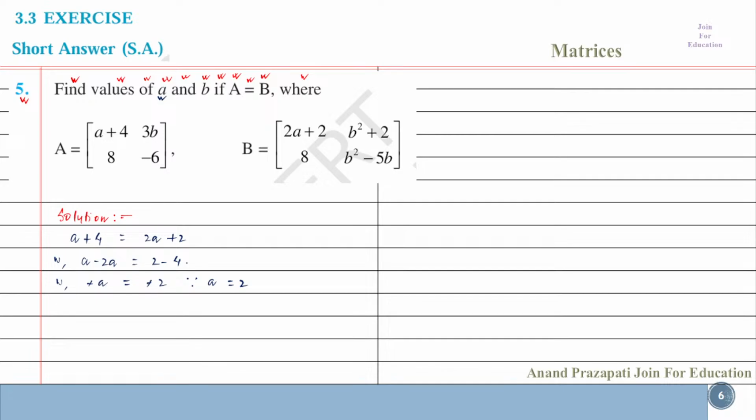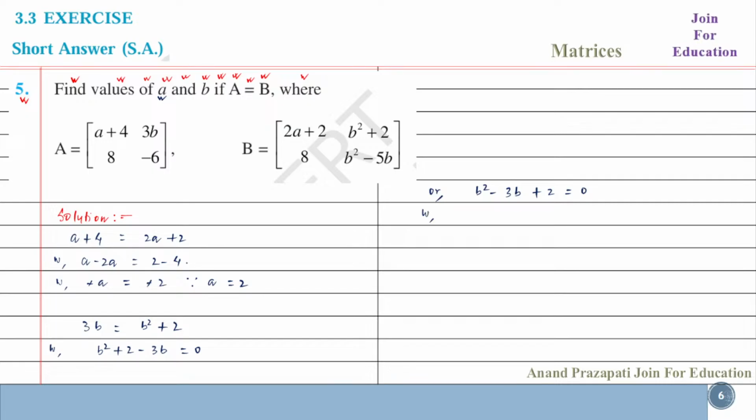Similarly, we write down here 3B equal to B square plus 2. So this one will be B square plus 2 minus 3B equal to 0. Or next step here will be B square minus 3B plus 2 equal to 0.